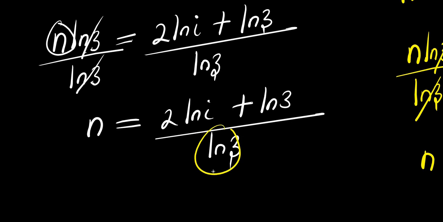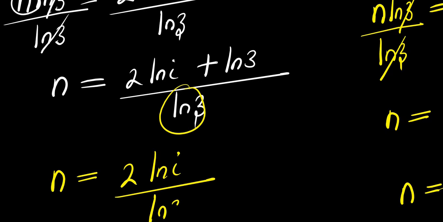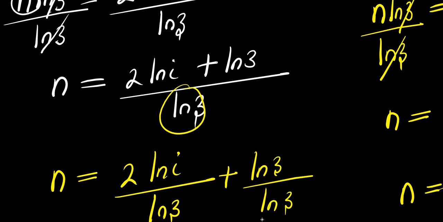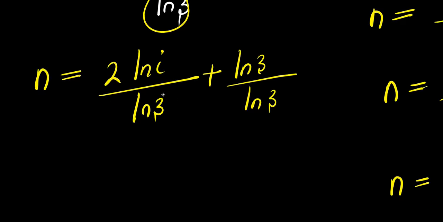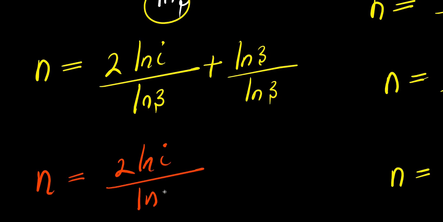So maintaining this common denominator, we have n equals 2 natural log of I divided by natural log of 3 plus natural log of 3 divided by natural log of 3. So finally, you can have n equals 2 times natural log of I divided by natural log of 3 plus, this eliminates this, we have 1.